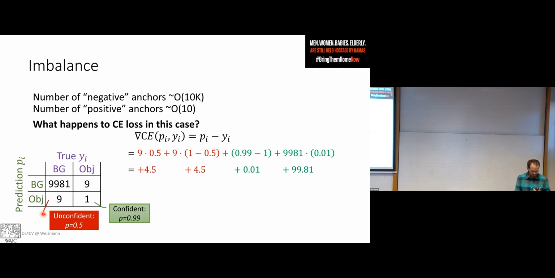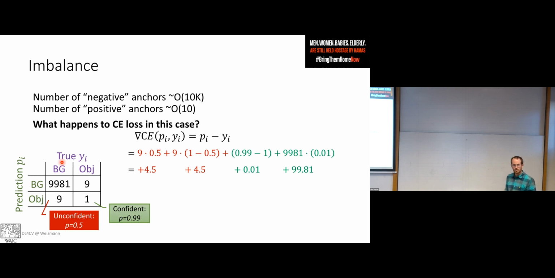So the gradient is going to be dominated by this. If we want to make a step, it will say, okay, I don't really care about these two. They are tiny. I really want to be more confident about these, which is P.